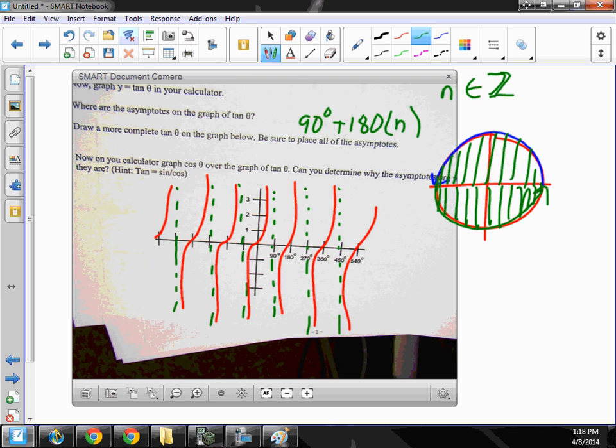Do you remember all students take calculus, or all suckers take calculus? I never taught you that. This tells you which one is positive in each quadrant. So they're all positive, sine is positive, tangent is positive, and cosine is positive. So tangent is sine over cosine, y over x.